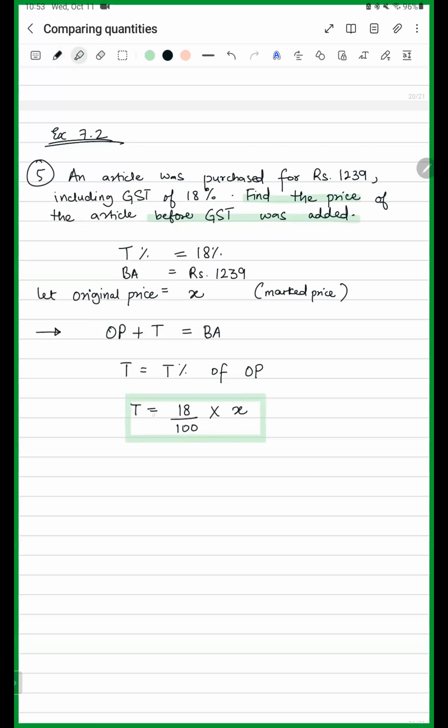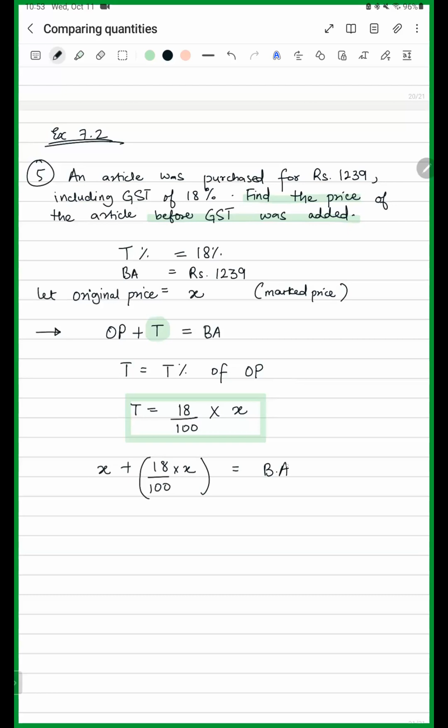So we will take this tax and put it in this equation. That means OP plus 18 by 100 into OP, and OP is X, so I'm going to write X in place of it: X plus 18 by 100 into X is equal to bill amount.